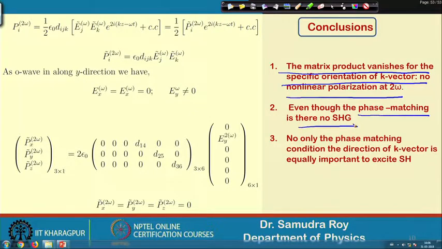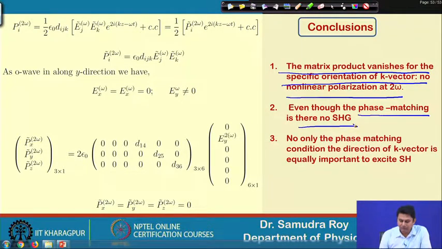That means the phase matching condition alone cannot ensure that you will generate a second harmonic. Not only the phase matching condition, the direction of the k vector is equally important to excite the second harmonic, as I mentioned. Here we find that phase matching is there.